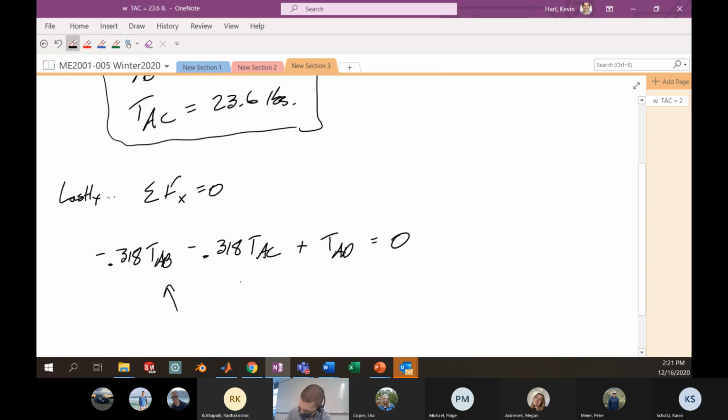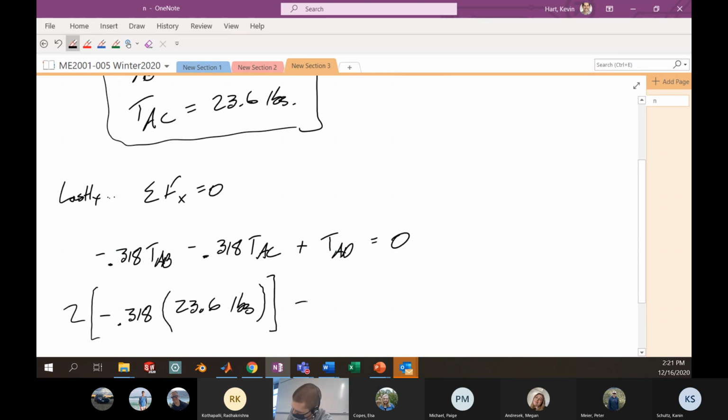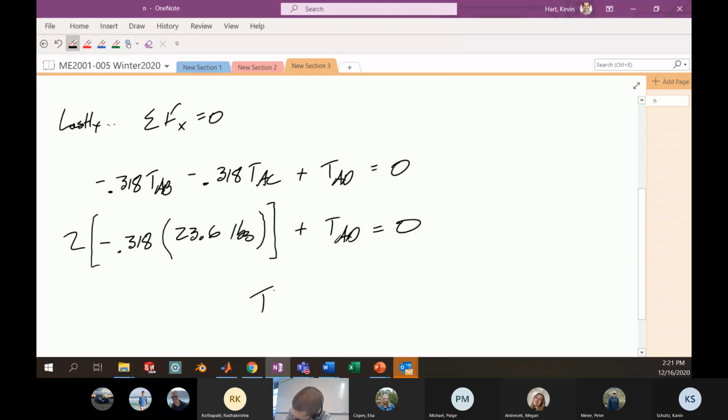All right, so both of these guys I know. Both 23.6 pounds. If you like, we know both of these, so just multiply by 2. Plus TAD equal to 0. Work this down. You'll find that the tension of this force acting solely in the x direction is 15 pounds.